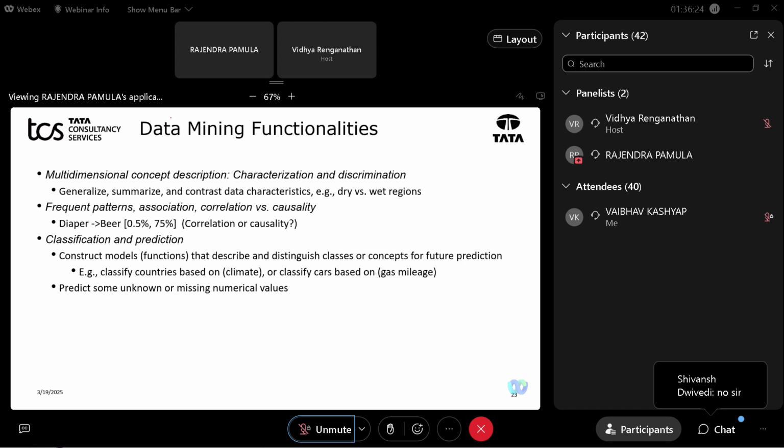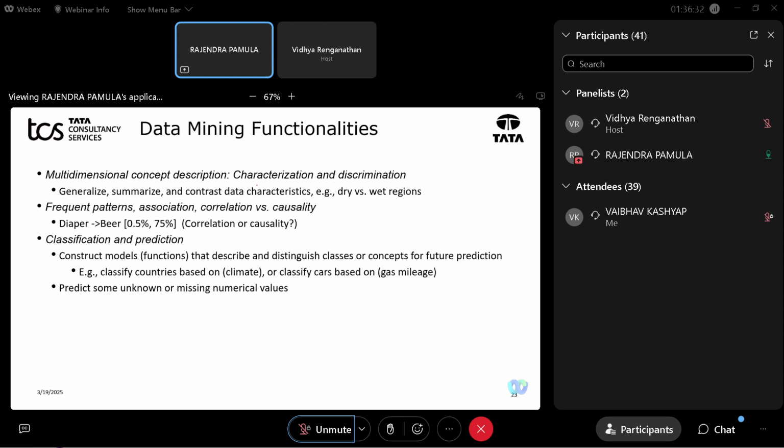Yes. So the data mining functionalities are mainly described in terms of characterization and discrimination. So we generalize, we can summarize and contrast the data characteristics, we can find the frequent patterns and what the relationship between them is, and what the correlation and causality are, and we have classification and prediction.